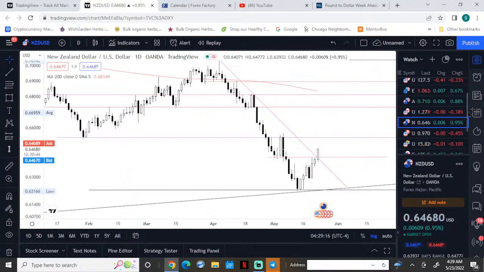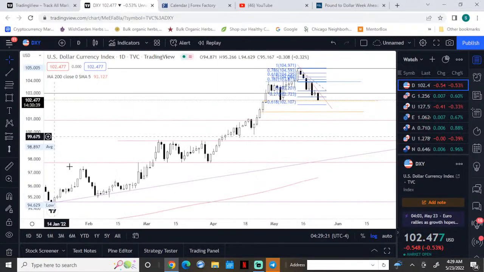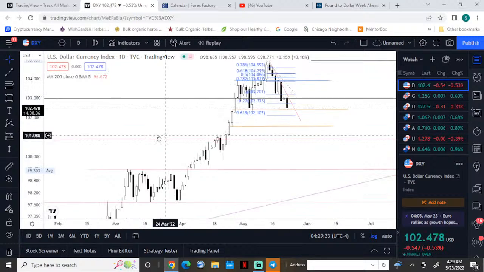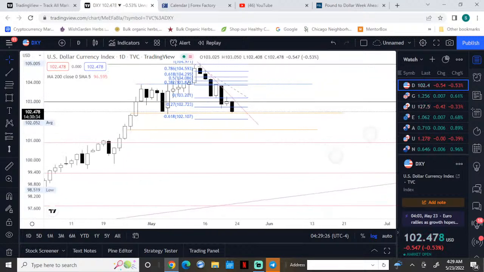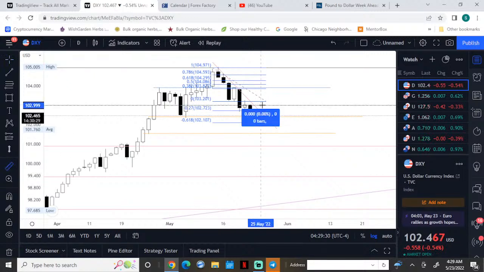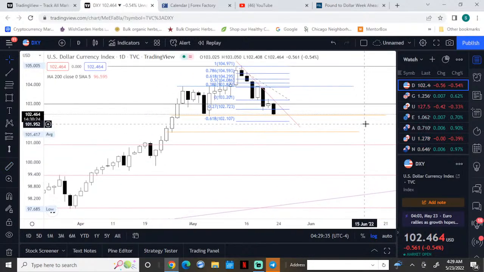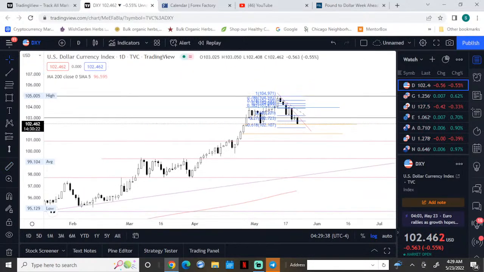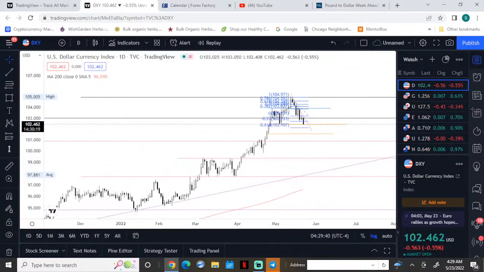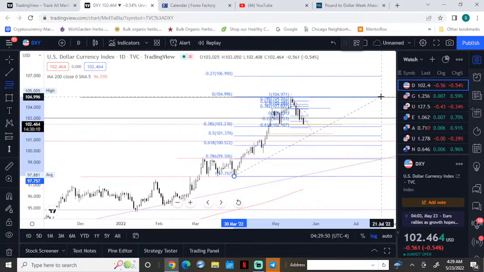I'm gonna go back up here to the DXY. This is today. Look at that. That is just beautiful. And for the daily fib, the dollar's definitely still an uptrend.